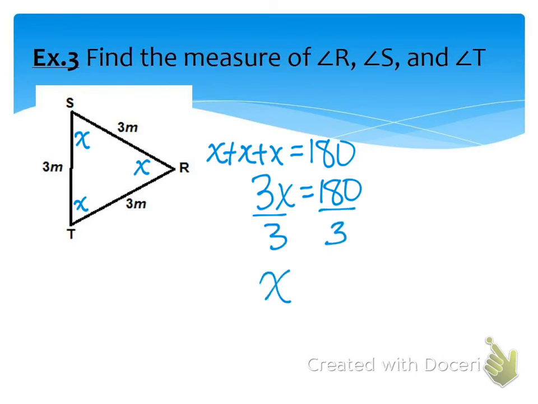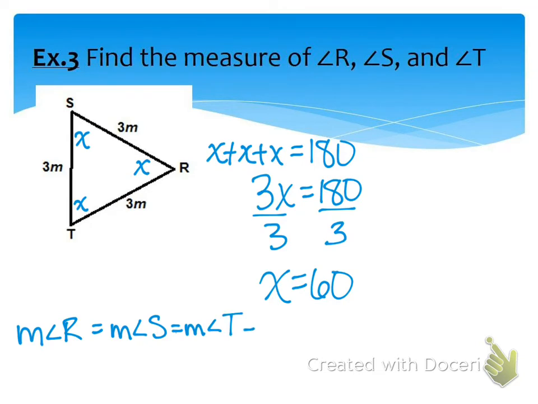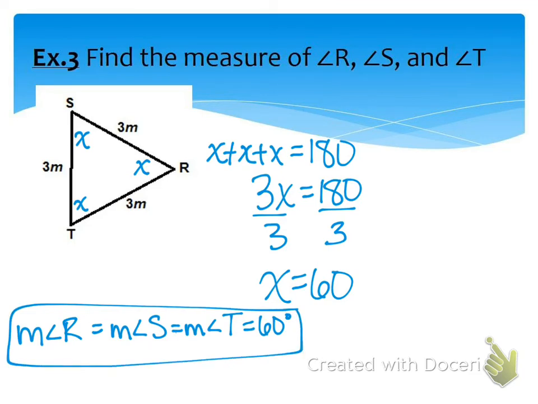I am not expecting that you would show that work every time or really any time. If a triangle is equilateral, equiangular, then the angles will always be 60 degrees. So all three of them 60 degrees. Anytime it's equilateral, equiangular, it will work out this way.